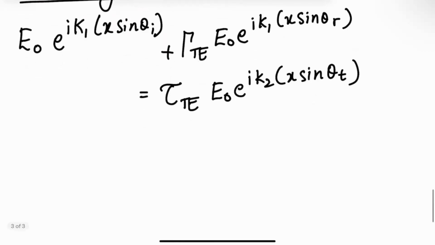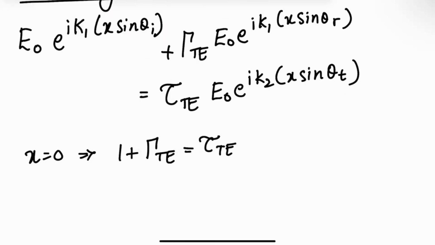Okay, so this has to be true for all x. For all points along that interface, this has to be true. So of course, it must be true also at x equal to 0, which we can set. And if you set x equal to 0, that gives you 1 plus gamma te is equal to tau te.